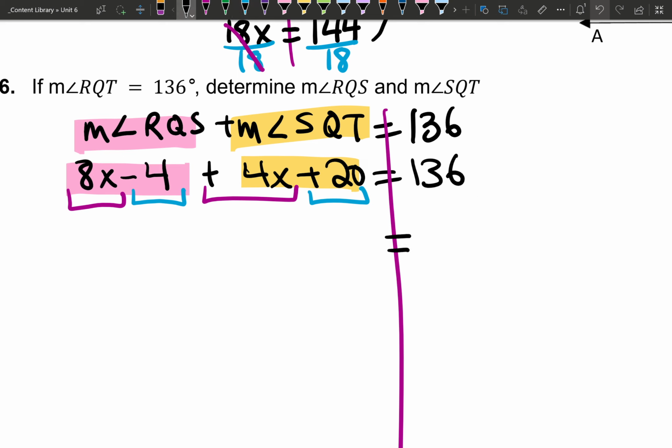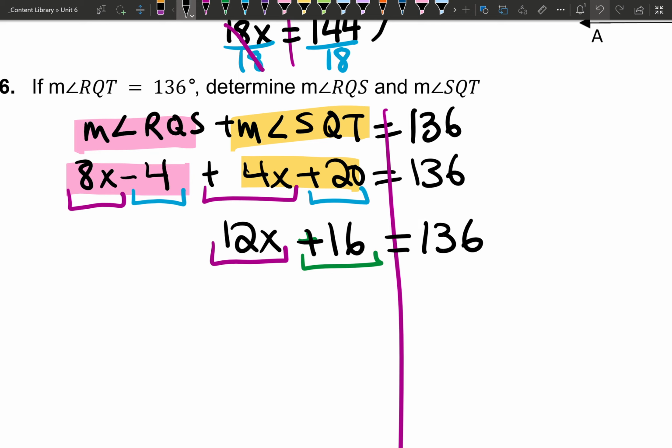Let's combine them. First, let's combine our x's. 8x's plus 4x's give us 12x's. Then we have minus 4 and plus 20, so negative 4 plus 20 is positive 16, so plus 16. And the 136 remains as is. What should our next step be?